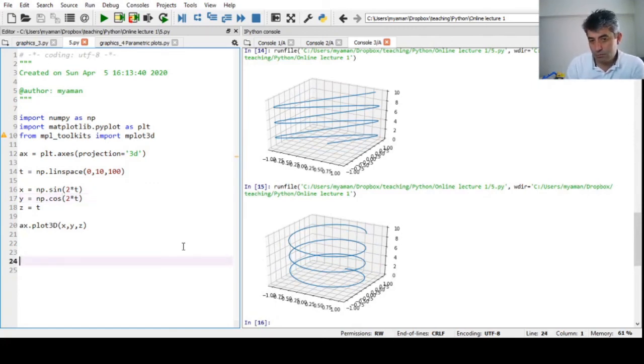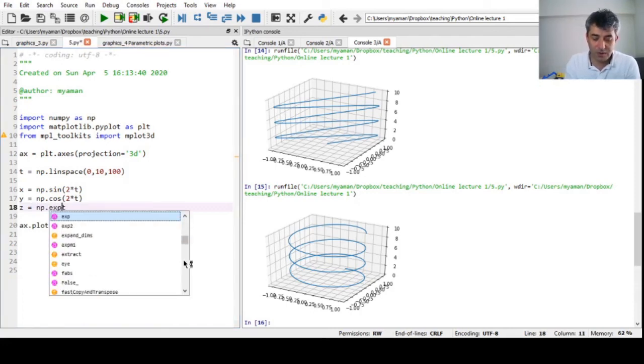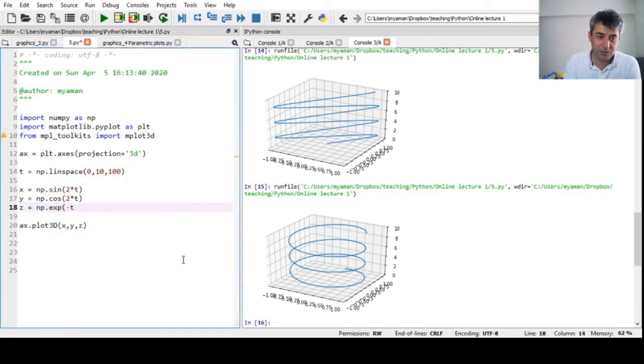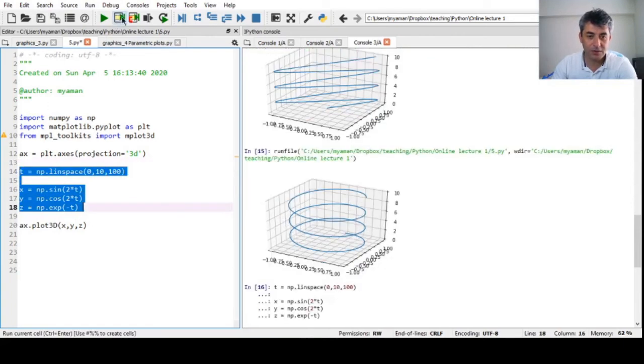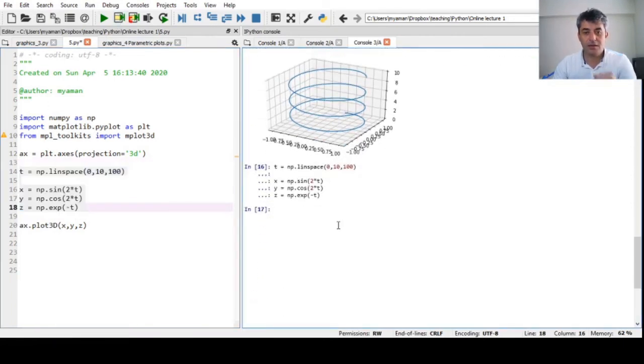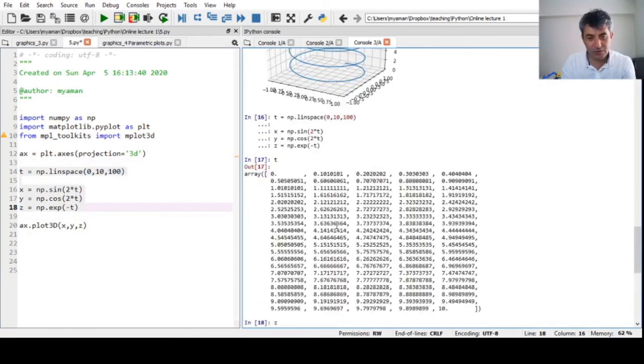Then to conclude this, I can also say the z values, for example, how about making it a negative exponential. So think about this function. I am not going to plot it in 3D yet, so let me run this part once, and so this is your t and that is your z.